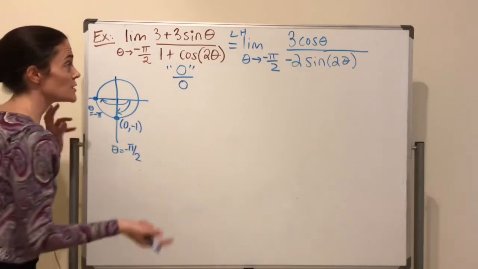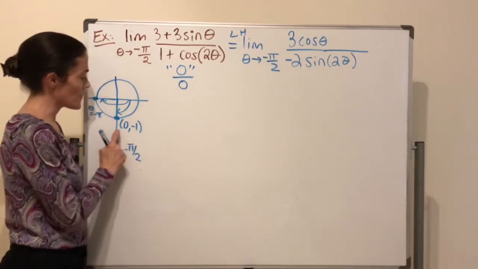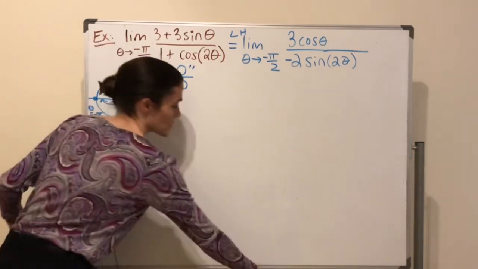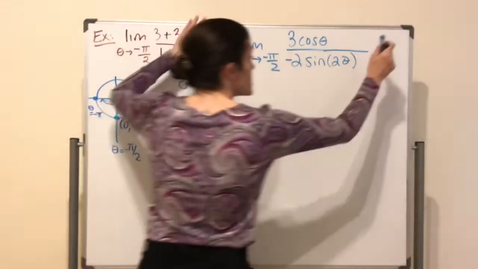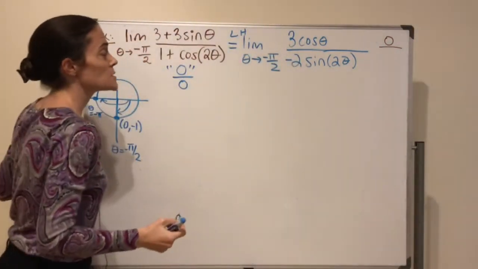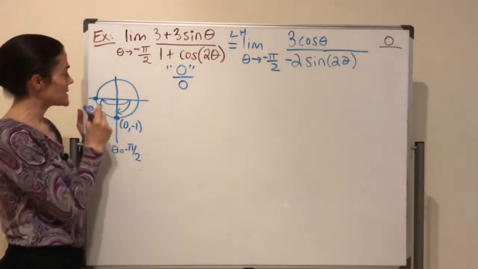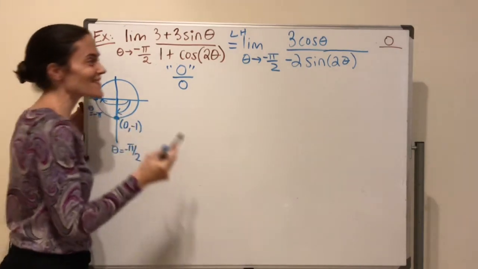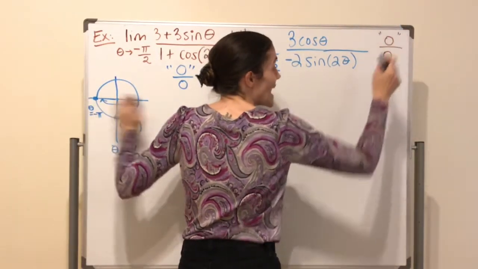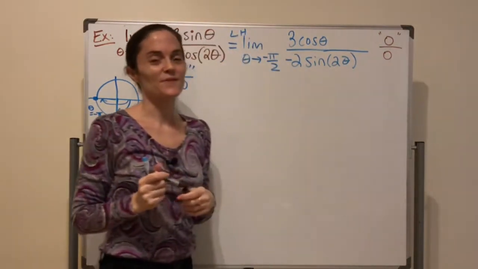Look, the numerator, cosine of minus pi over 2 is 0. Maybe I'll do the second step as brown. So this is approaching 0. And out here, this would be sine of minus pi, which is 0. We have another indeterminate form.